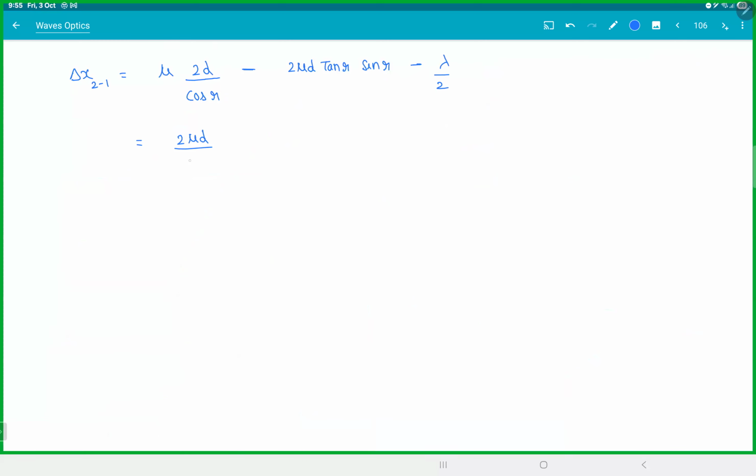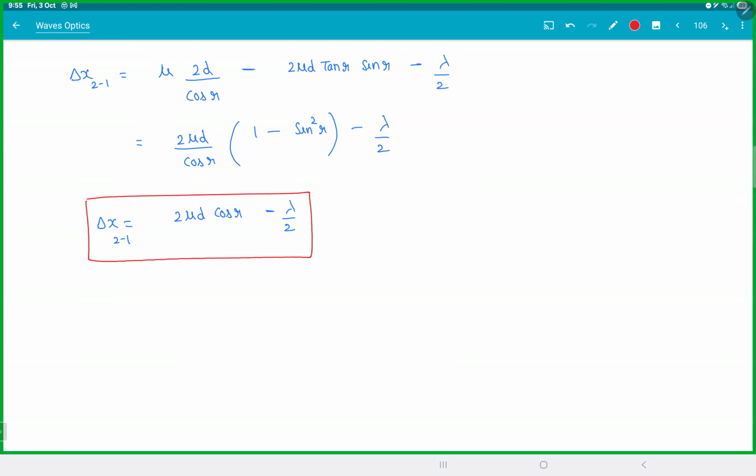If you take out 2 mu D by cos R common, you end up with 1 minus sin square R by cos square R, and then you end up with 2 mu D cos R minus lambda by 2. This is the path difference between light ray 2 and 1. Clear with this?